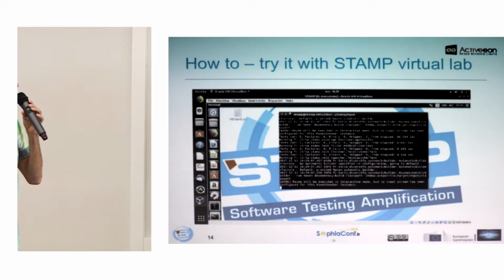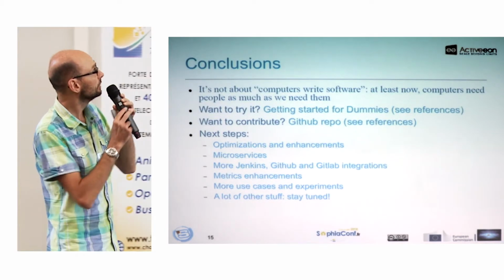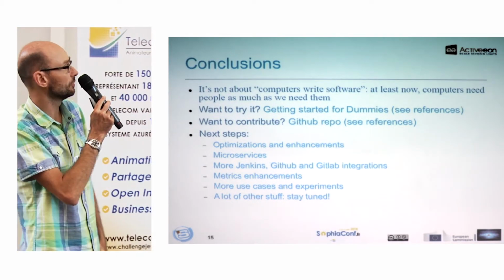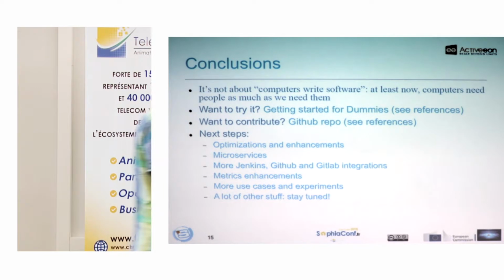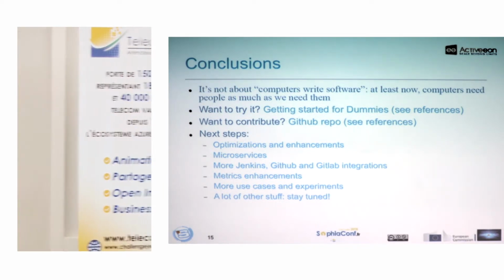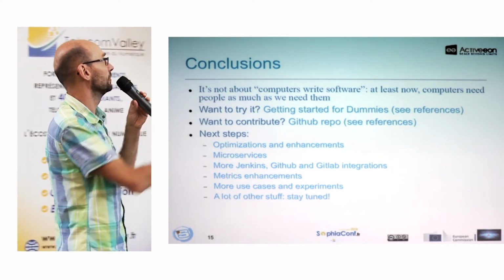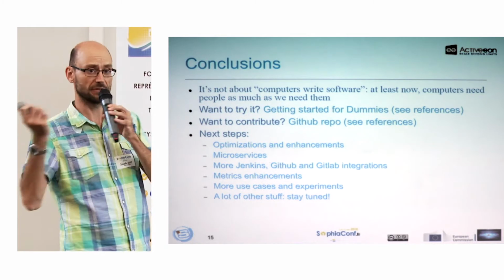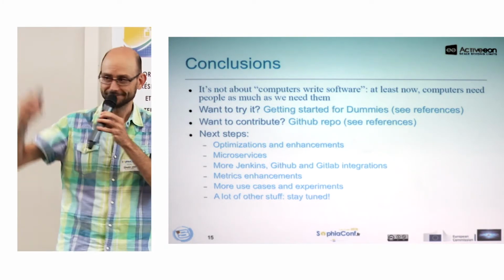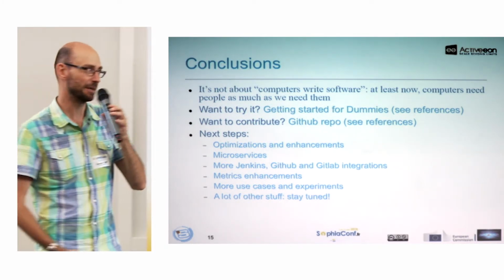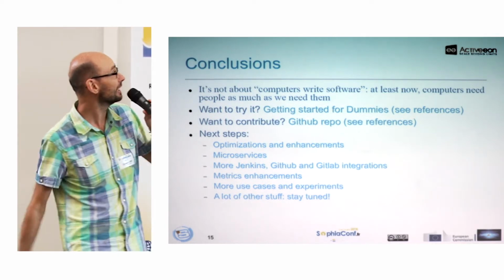It's available, and you can have more information on the website. You have these very nice flyers, if you want to have them, about the project, and you can use it and try it. Of course, everything is open source and all available on GitHub.